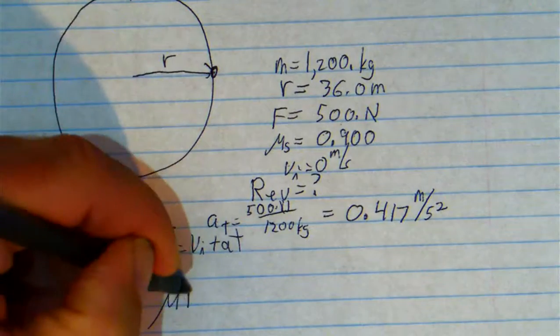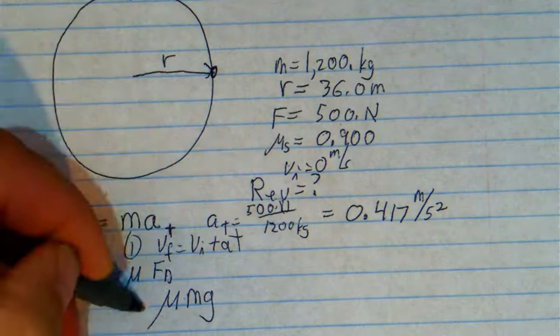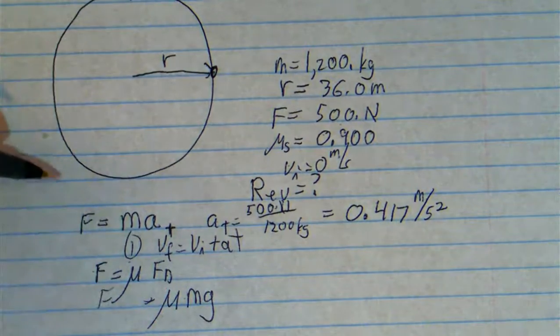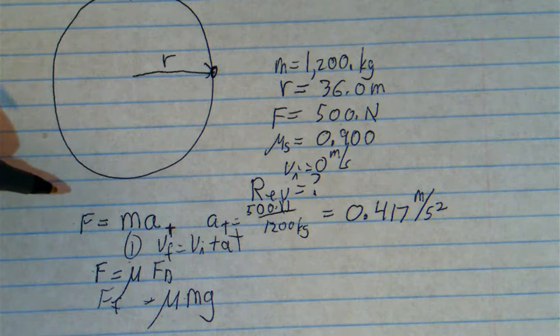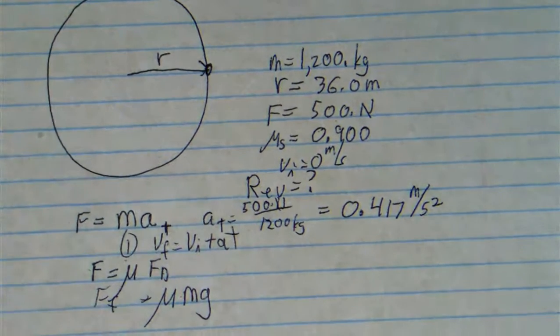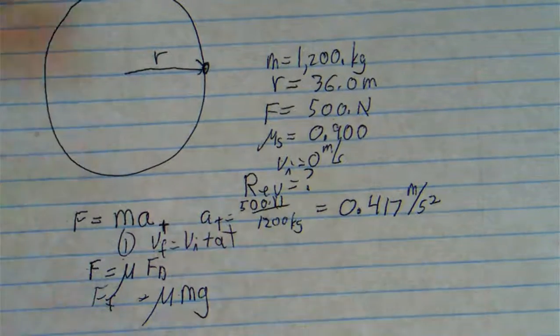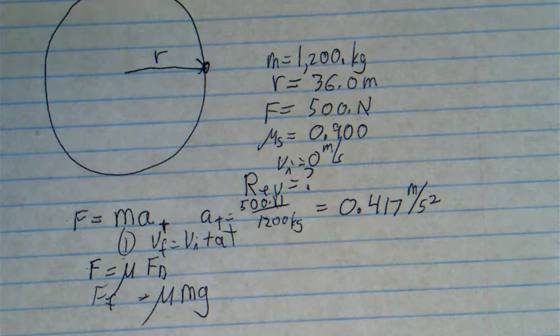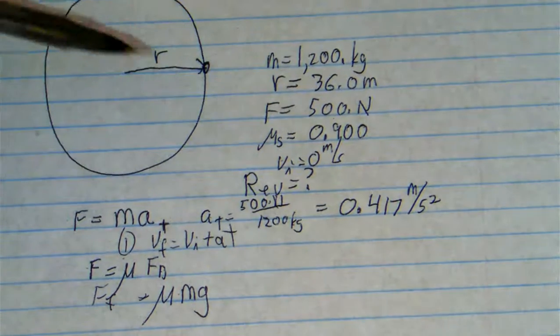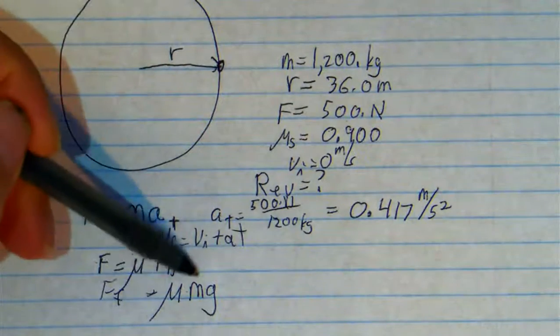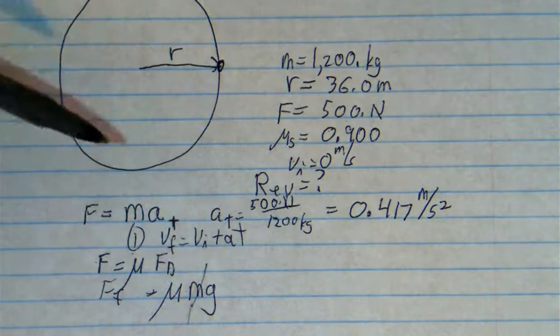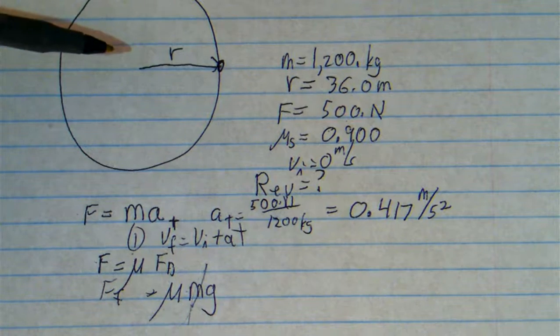So mu mg would be the maximum force of friction that we could have in this situation. But I'm going to make the bold claim that the mass of the car is going to cancel out, that it's not really necessary to even have a designated mass for the car.